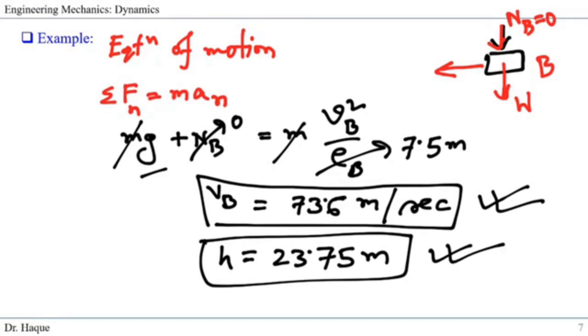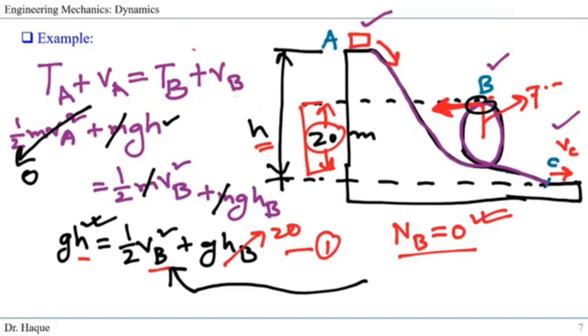Now, this is our one condition that we needed to find H, and we found H. The question also asks us to find the velocity at point C, VC. What is VC? Again, to apply conservation of energy, we need 2 points.